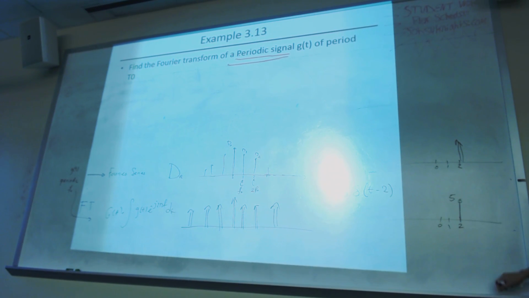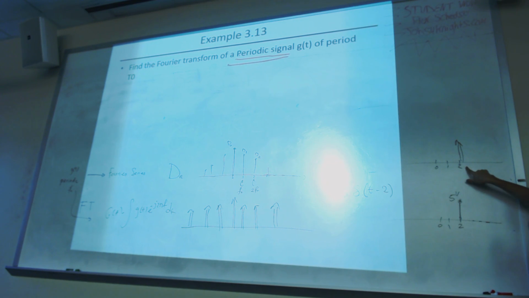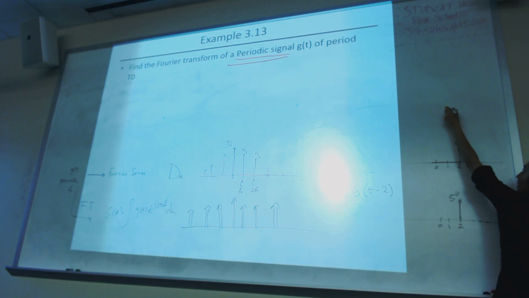One says I have a signal at time 2, and the amount of signal is 5, let's say just 5 volts: a very simple, finite signal. The other says at time 2, I have a signal which goes to infinity and comes back.